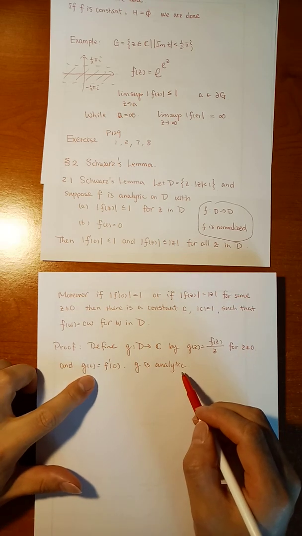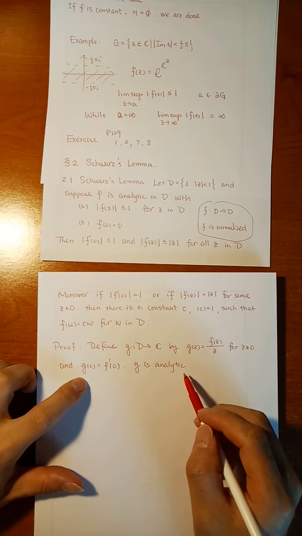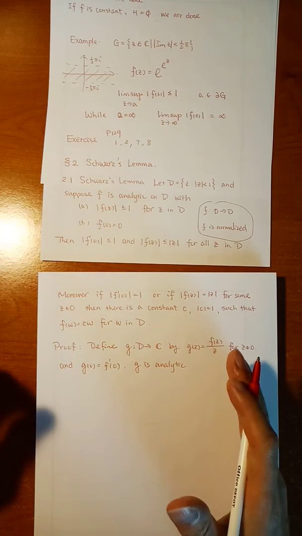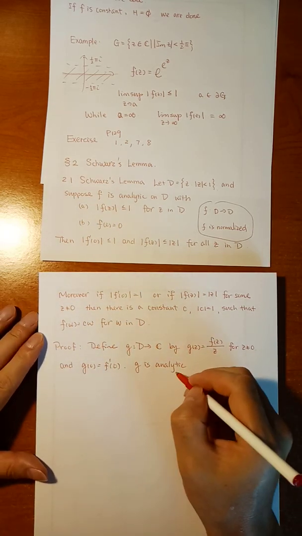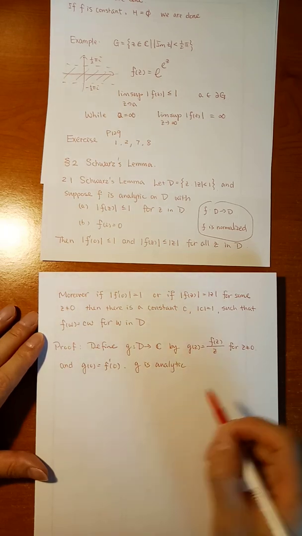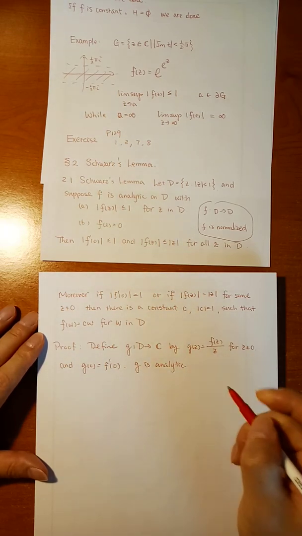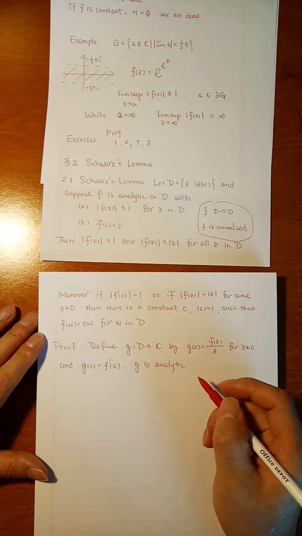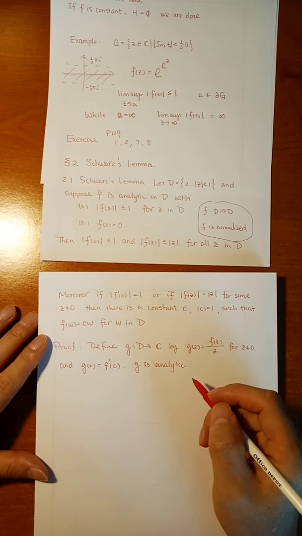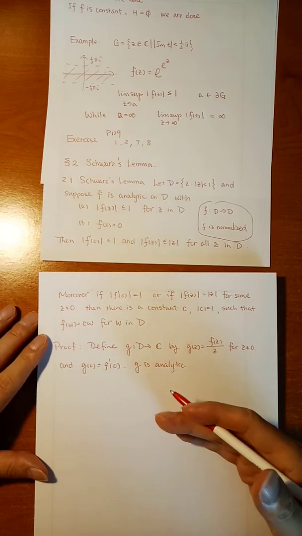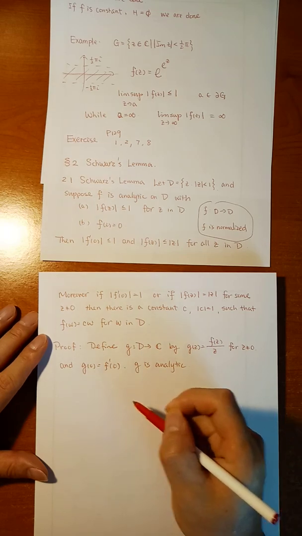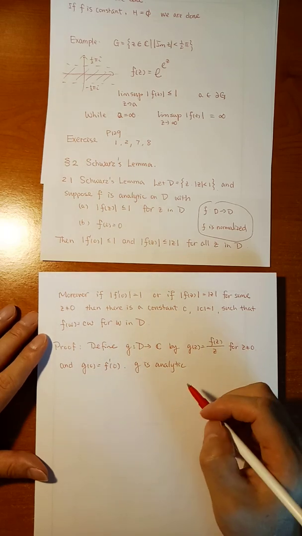So what you need to show is that g prime of 0 exists. You just try by the definition of a derivative. You can show g is differentiable. And we also know that if a function is differentiable, then the function is analytic in a complex plane. Analytic means continuous differentiability. But we already showed that differentiability is equivalent to analyticity.